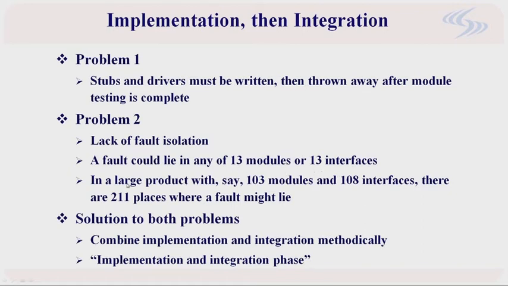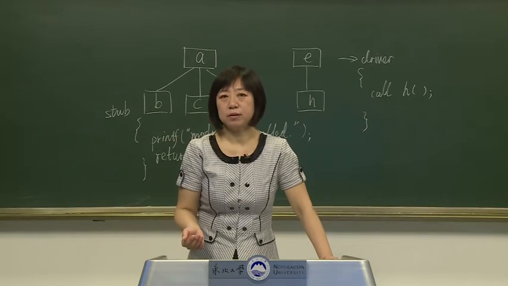Let's say in a large product with 103 modules and 108 interfaces. That means there are 211 places where a fault may lie. So that means it will be very, very hard to debug, to test, to integrate.